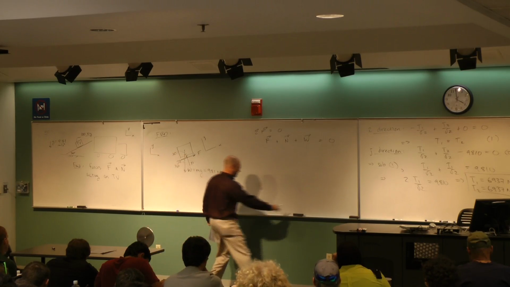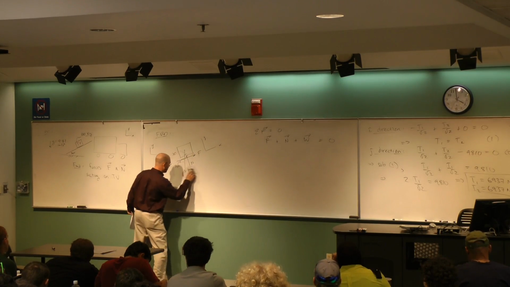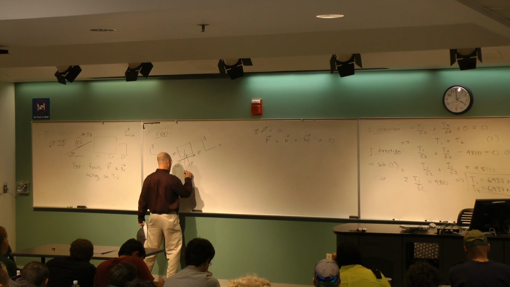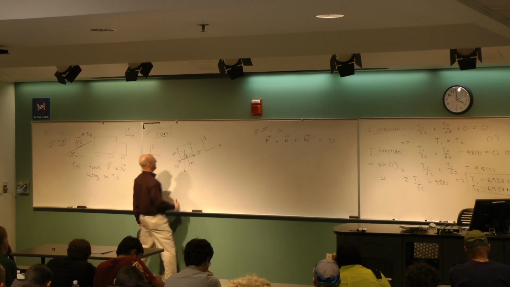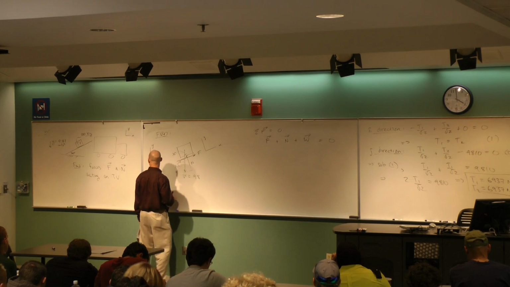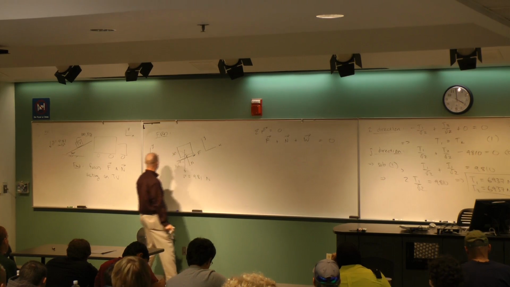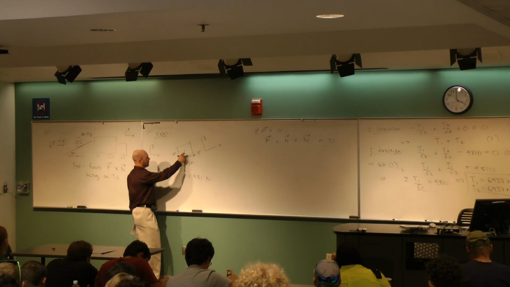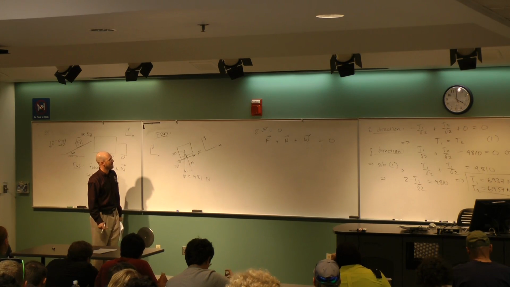Okay, so let me maybe make this a little clearer so we can see this. All right, so if I come down here like this, and this is the W, which is 981 newtons. That's it, right? This top angle up here is 30 degrees.